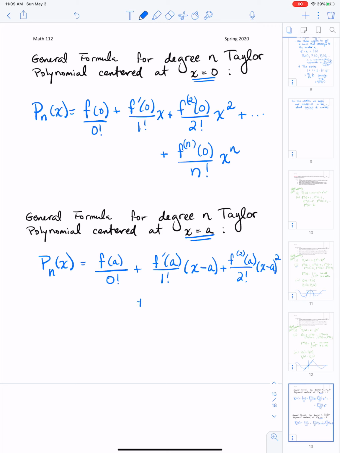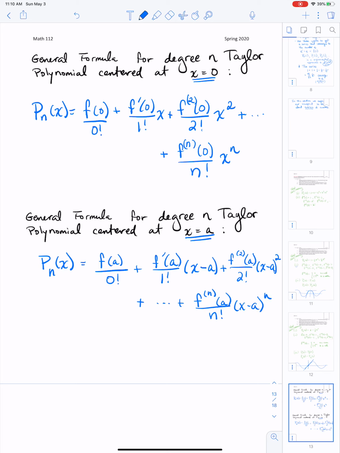And our last one will be the nth derivative at a over n factorial times x minus a to the n.